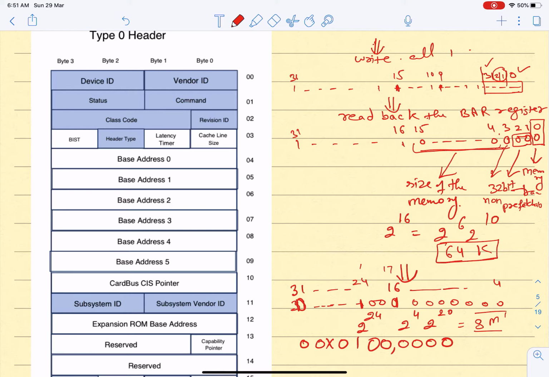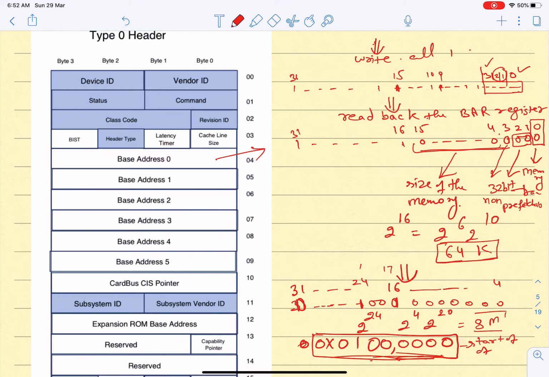So it is saying that this hex address is the start of the memory which is associated with BAR 0. And it is mapped with the system memory. So this is the base address.